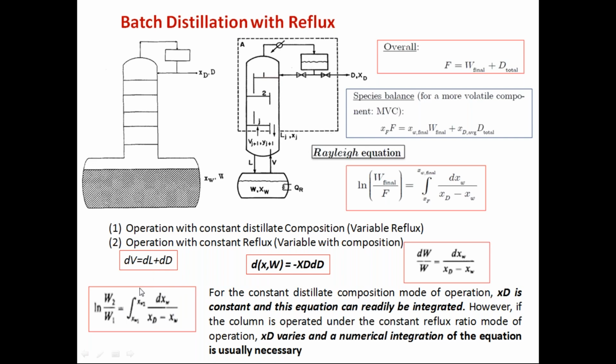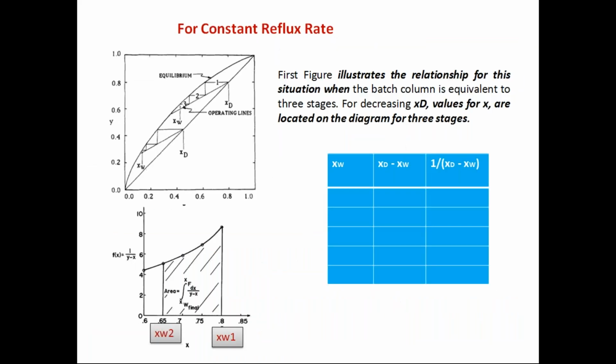So there are two cases which will result, because in one case the final product quality you are keeping constant, in another case the final quality of the product you are varying. That means indirectly you are doing either constant reflux or variable reflux. So let us see both the conditions. If you have a constant reflux rate, then what will happen?